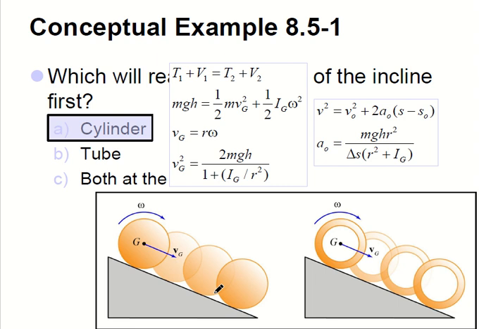Therefore, it's going to go faster. The tube rolls, and it won't translate as much as the cylinder did. That's why the cylinder is going to get to the bottom fast. Your tube is going to lag behind. You might think the tube is going to go down first, but it isn't. The cylinder is going to go down first.